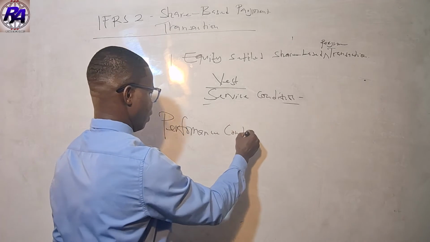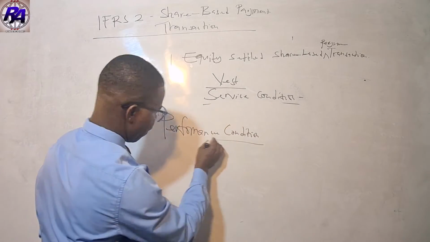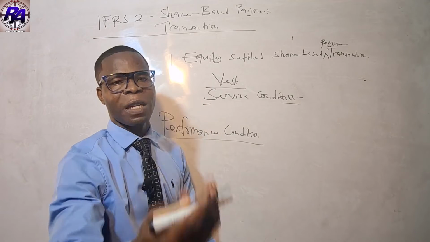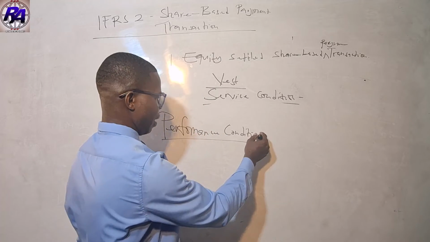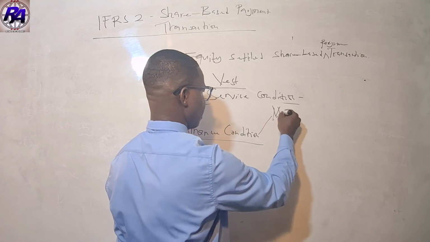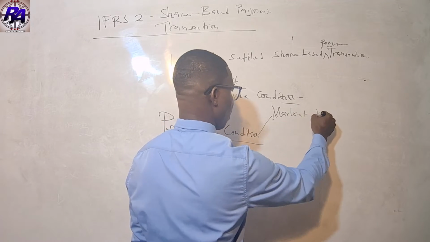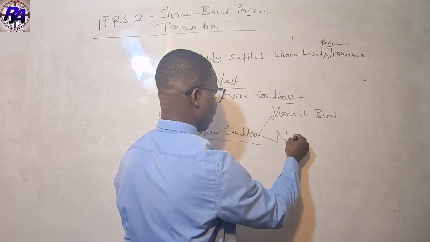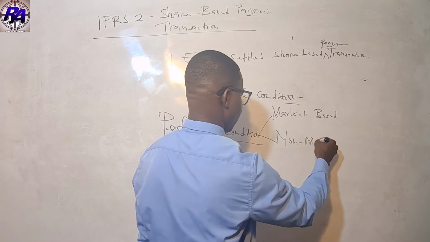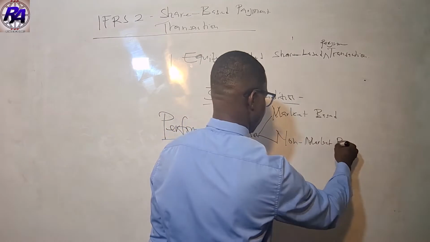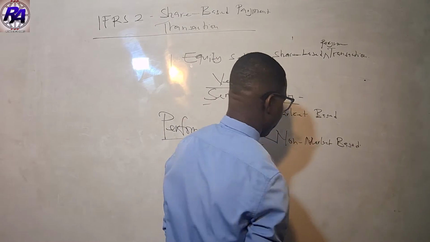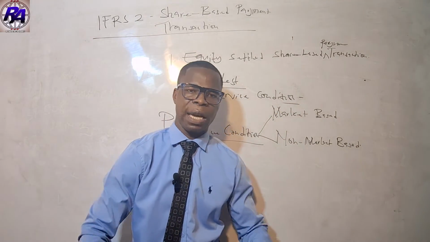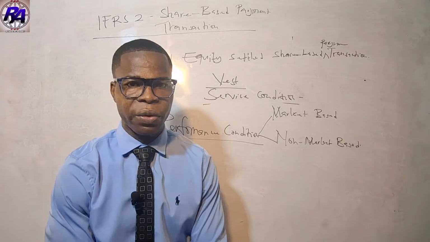Under the performance condition, we have 2 types, and these 2 types also have different accounting treatments. We have what we call a market-based performance condition, and a non-market-based performance condition.